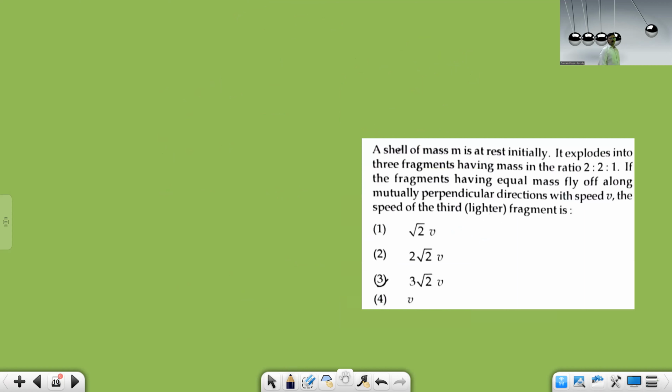Next. So this is also something you can observe. A shell of mass m is initially at rest. So what happened here? Initially one mass m is there, at rest. This is based on the law of conservation of linear momentum. Here it breaks into three parts.